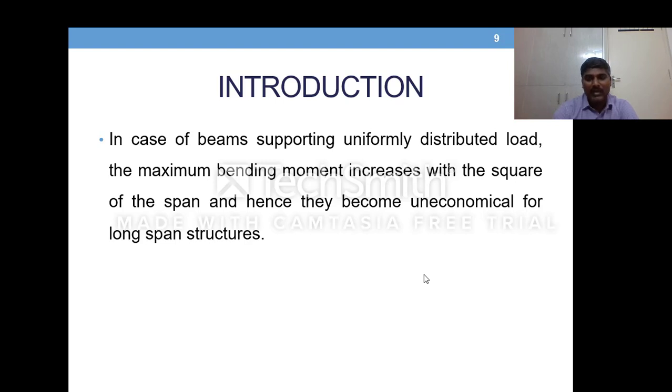If the span is increased by twice, the bending moment increases by 4 times. So what does that mean? The maximum bending moment increases with the square of the span, and hence for long span structures, the beam option is uneconomical.